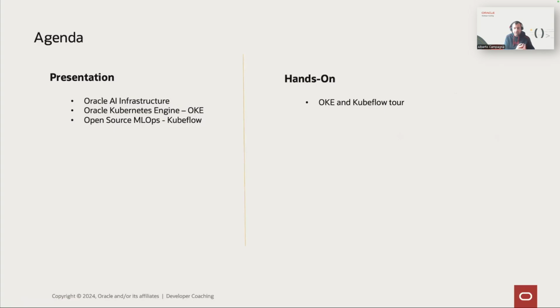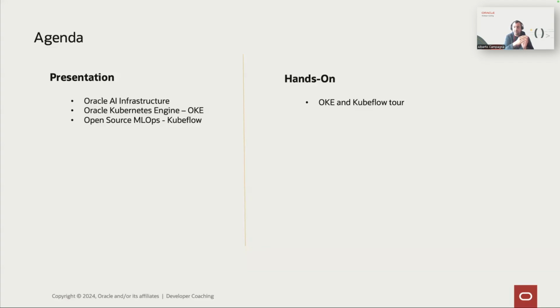So this is the agenda for today's presentation. Do not be misled by how short it is. There is a lot of content to cover, and I know it will be an action-packed session. We will start from the bottom by describing the infrastructure used for AI workloads. So at the bottom layer, there is the infrastructure. The next layer is Kubernetes.